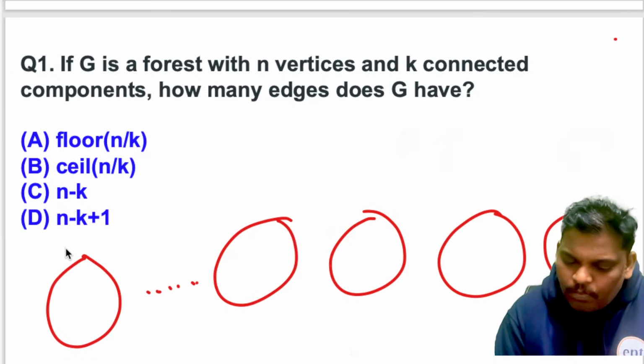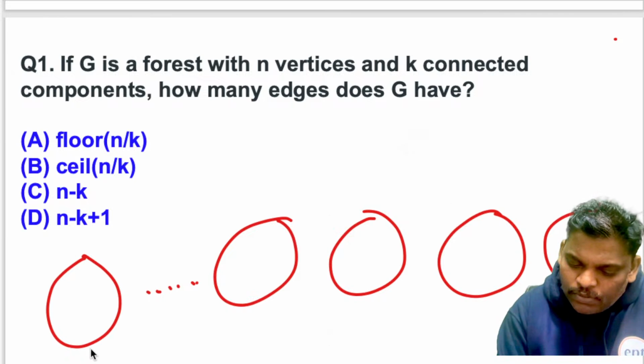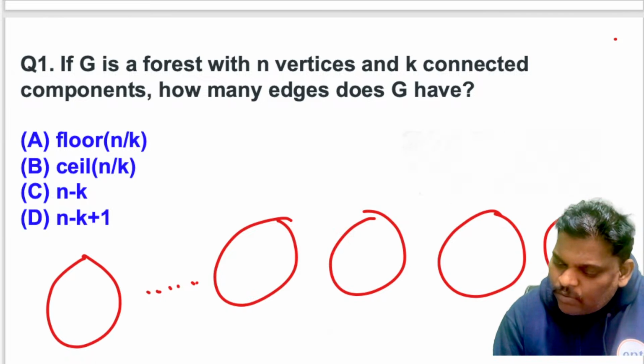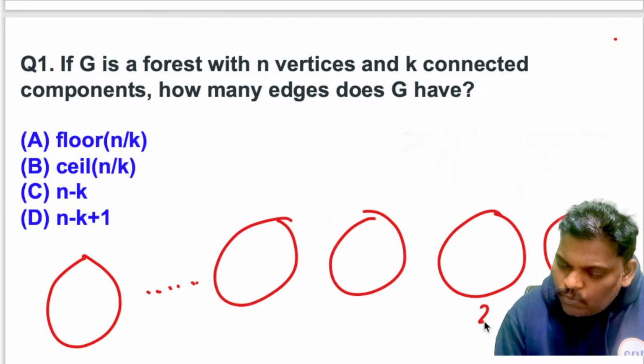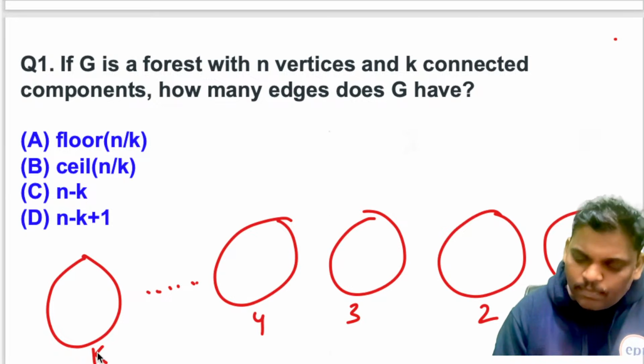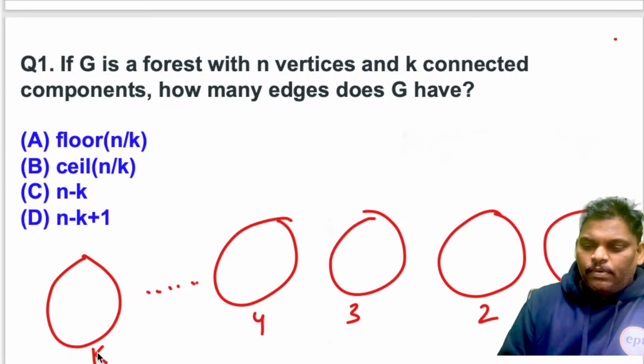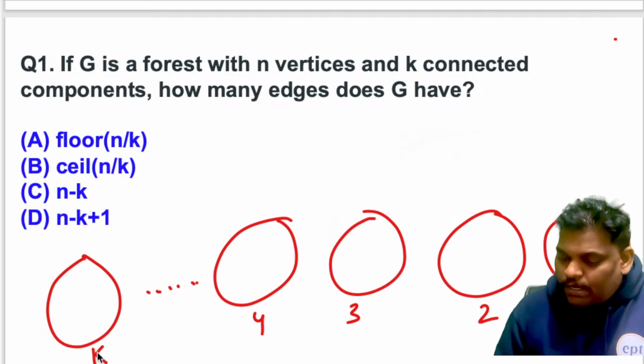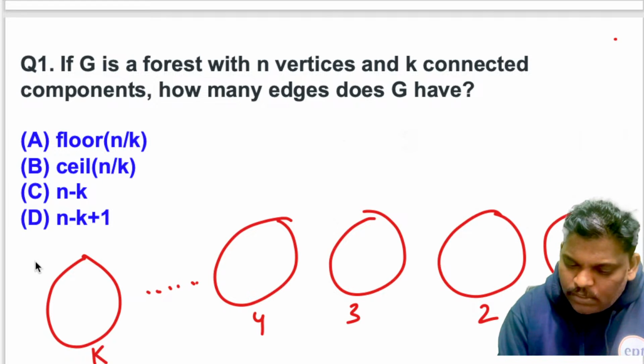G having k components, right? Let's number them 1, 2, 3, 4 and so on up to k. And one more thing: G is a forest.